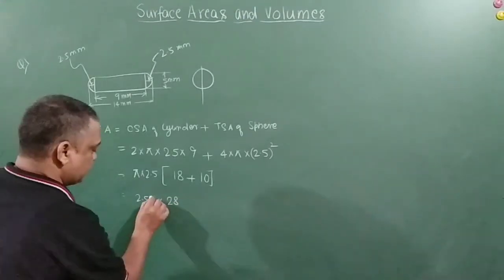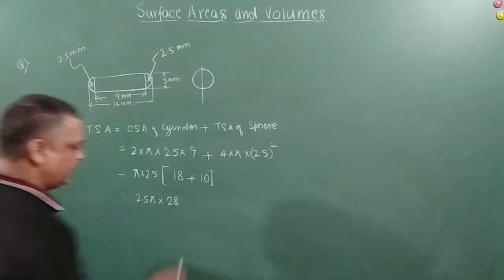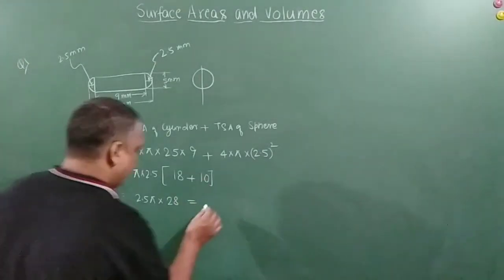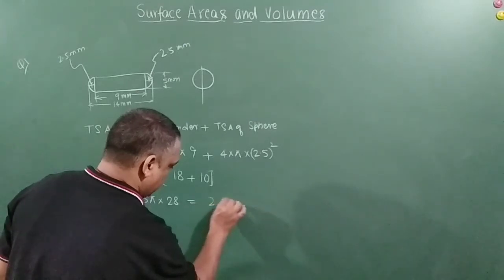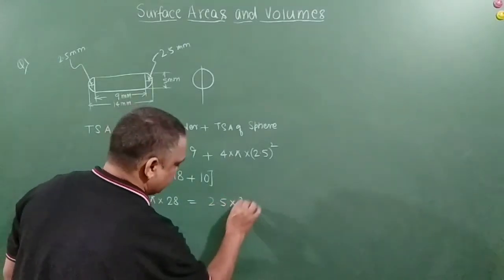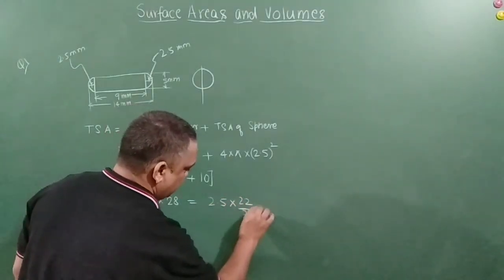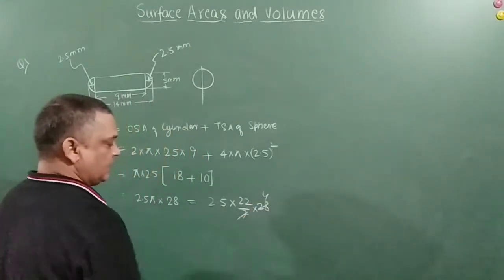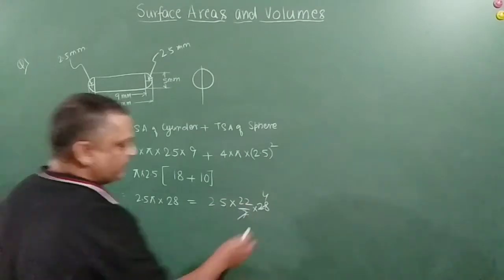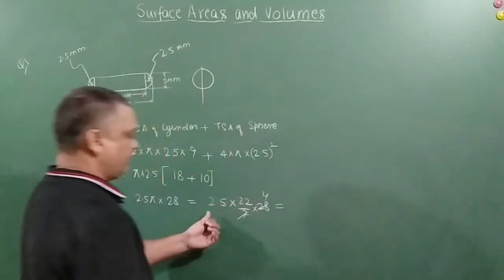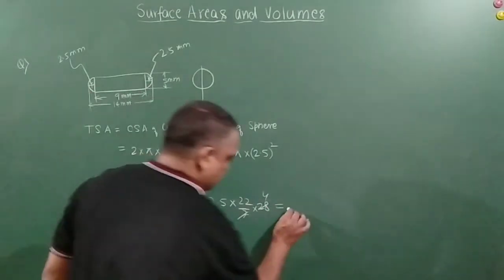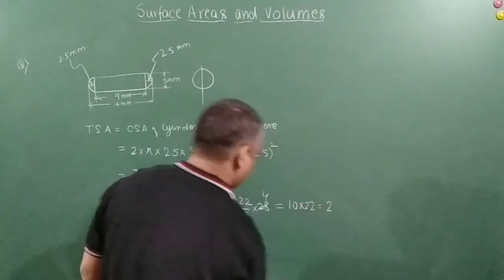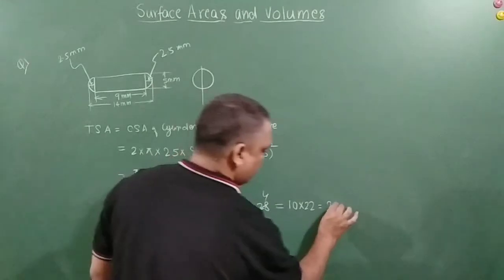Right? So now 2.5 into 28 we need to do. Okay. So we will replace pi, it will help us. 2.5 into pi is nothing but 22 by 7 into 28. So 4. Now 2.5 into 4 is how much, friends? 2.5 into 4 is 10. 10 into 22 is equal to 220.